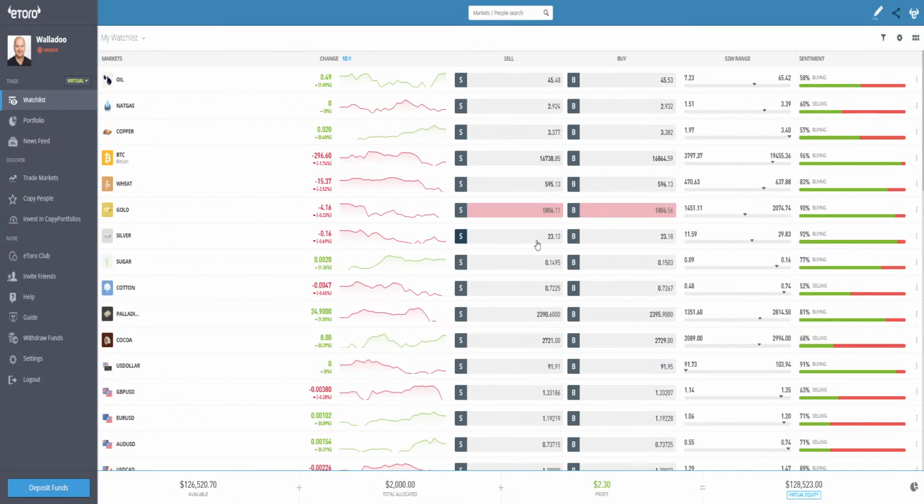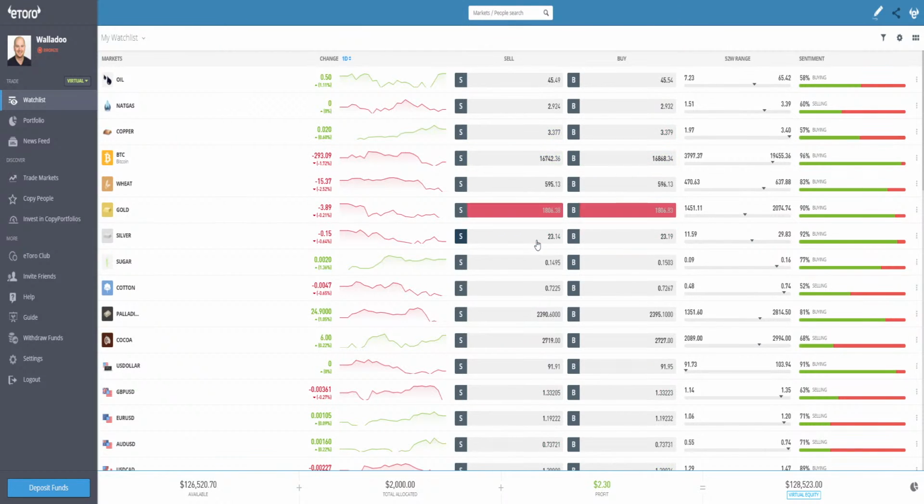So this is the main screen in the eToro platform. Of course, if you're a trader that wants to hold your trades for a few seconds or a few minutes with very high leverage, this is definitely not the platform you should be using. The main reason is that it takes too long to execute a trade on eToro.